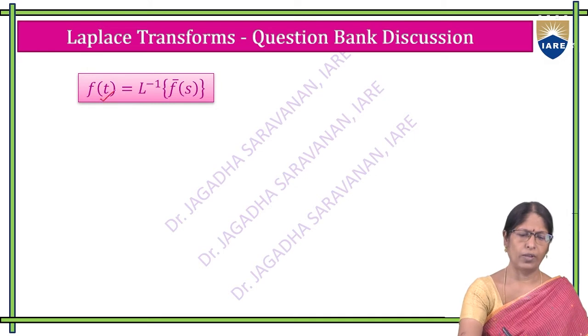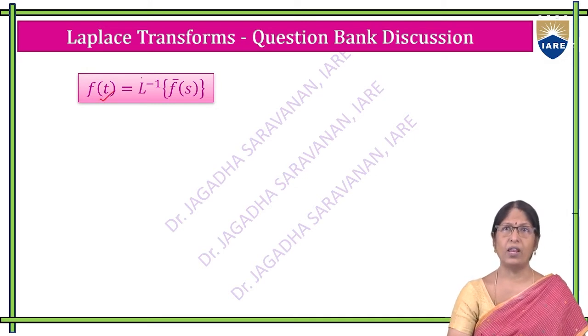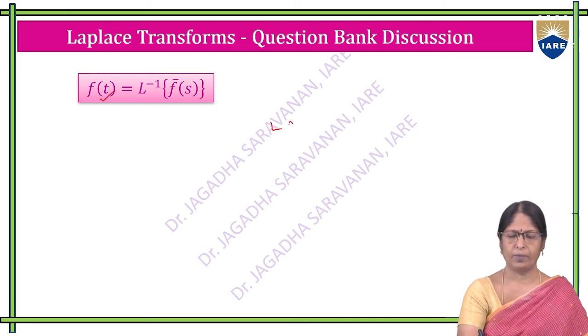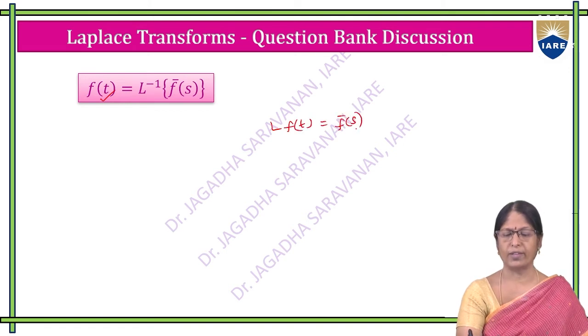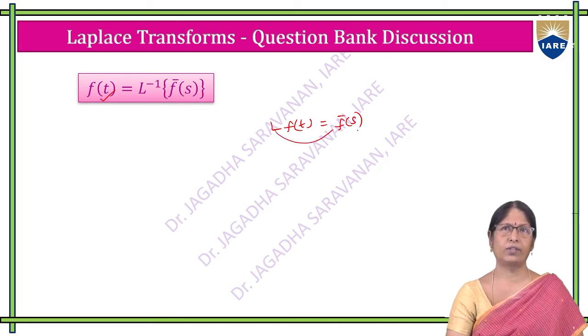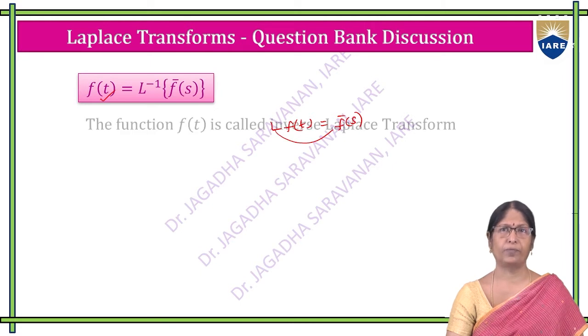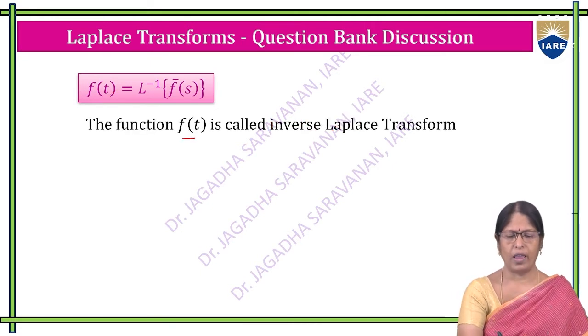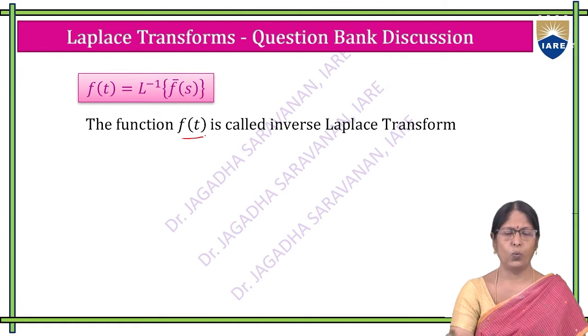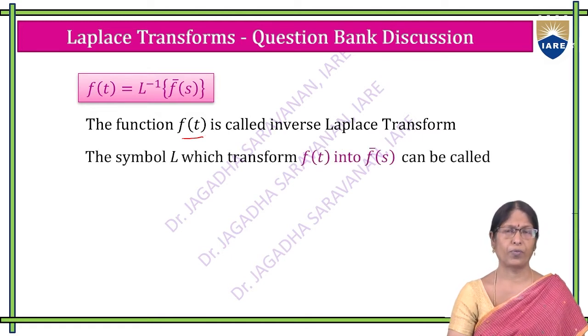Now, L of f of t is equal to f bar of s. If we push L to the other side, it becomes L inverse, and f of t is then called the inverse Laplace transform.